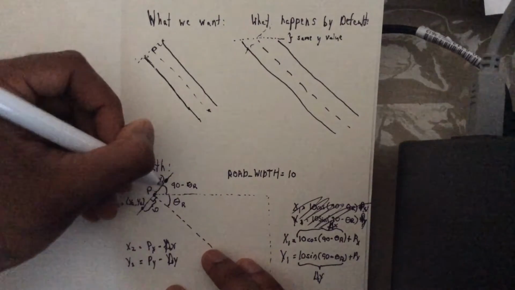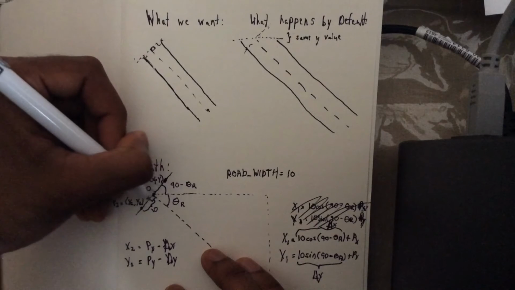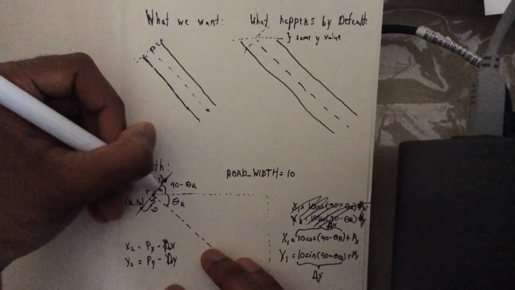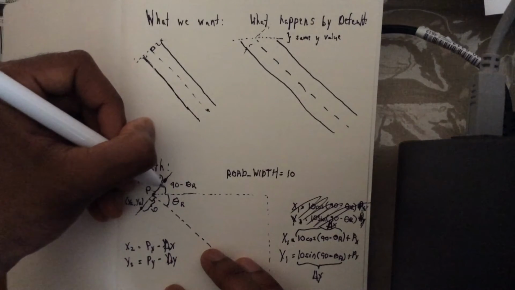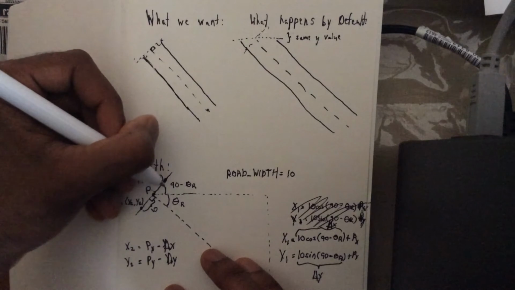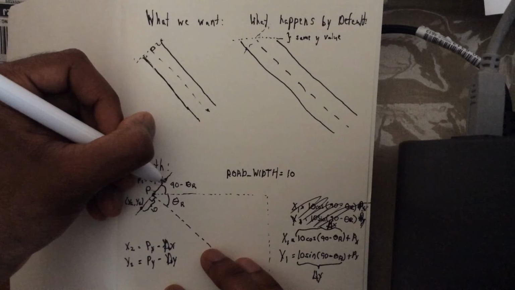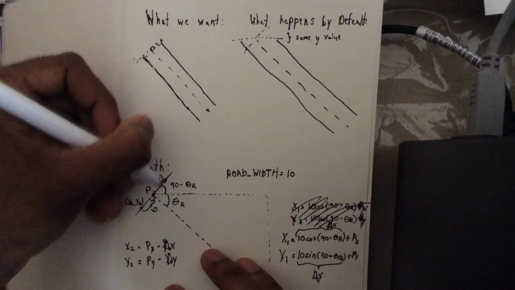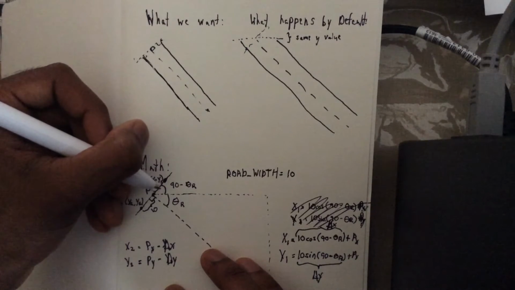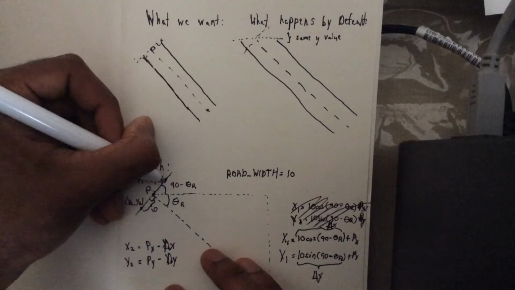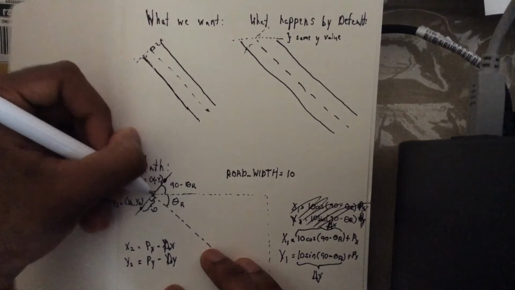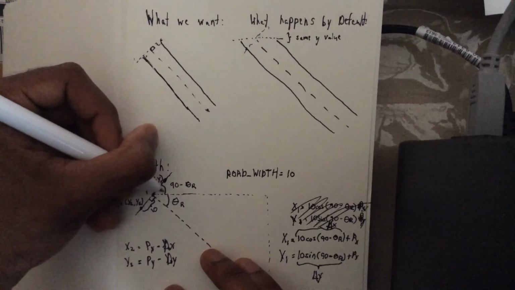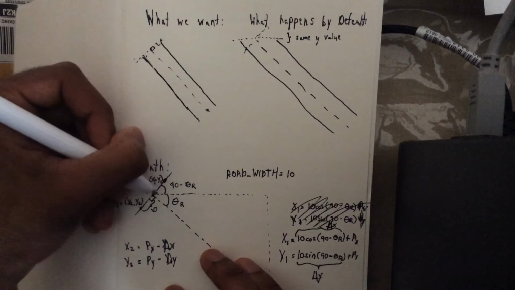Since there's a 90 degree angle shown here, the angle between the horizontal and where the point is is 90 minus theta r. Now what we want to do is find the height and the width, the x distance.